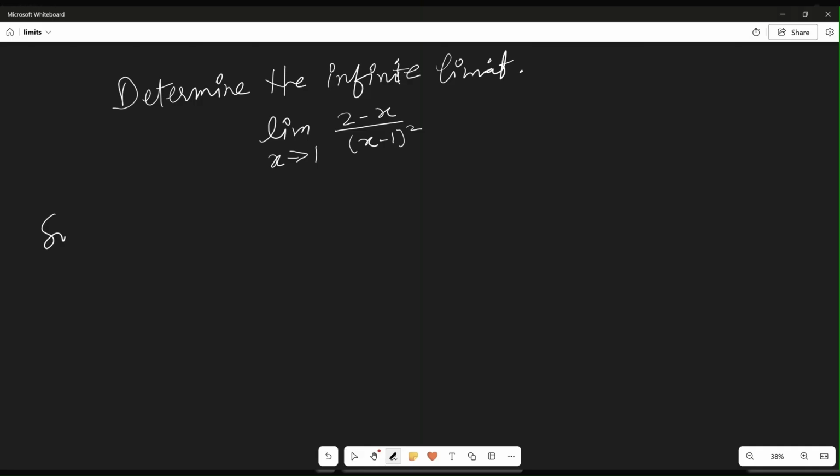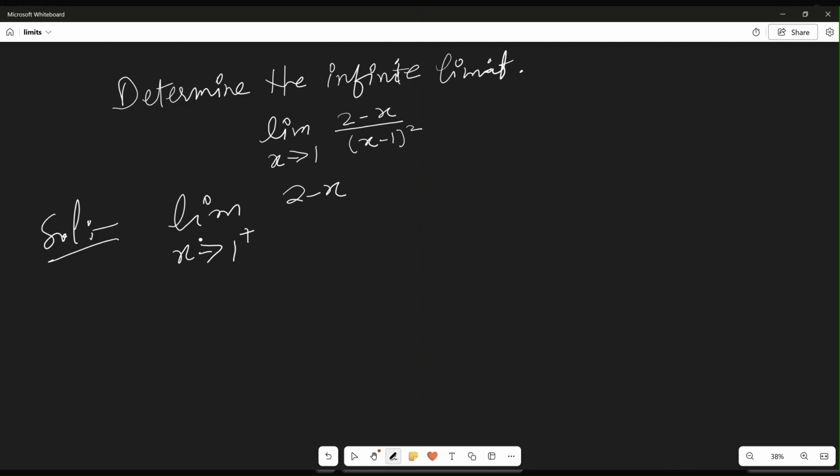So the solution for this kind of problem is, let's find the limit for this function from both sides, from the left and right side.